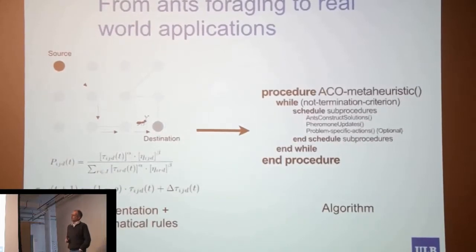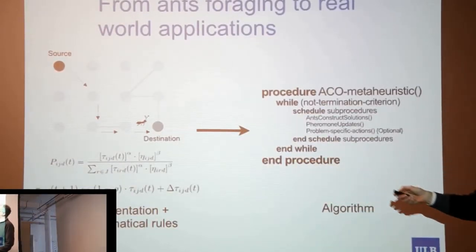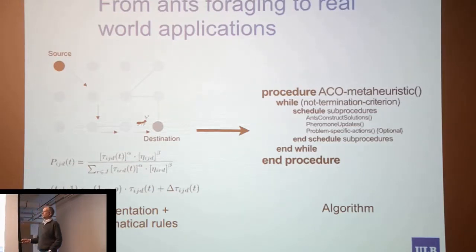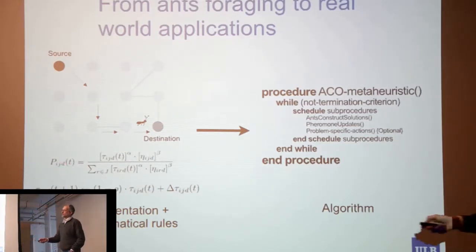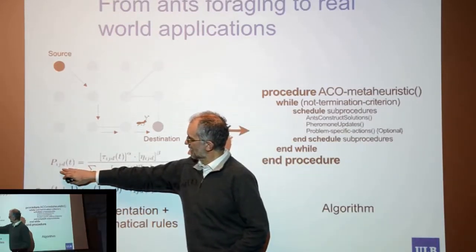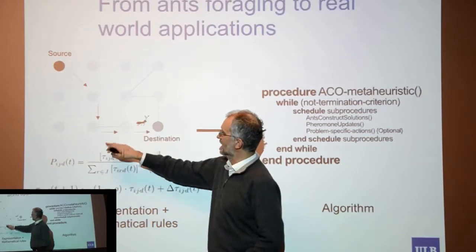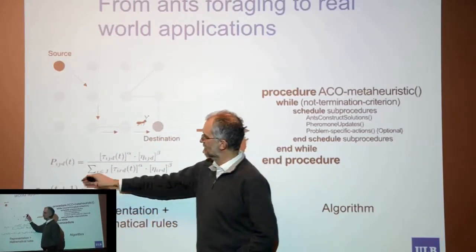Okay, so once you have the graph representation and the mathematical rules to build a solution, the straightforward part is an equation that tells the artificial ants how to move.